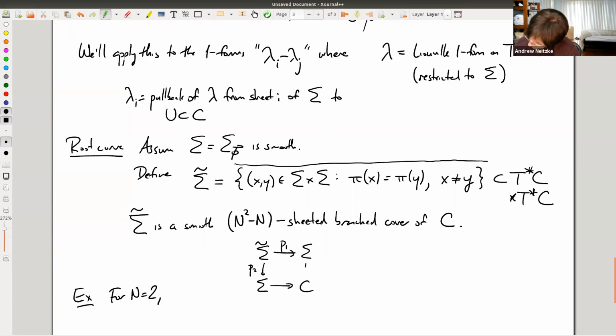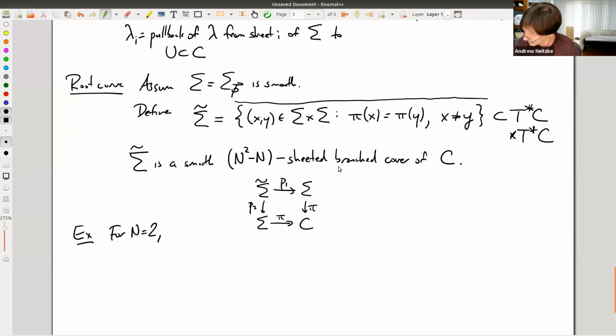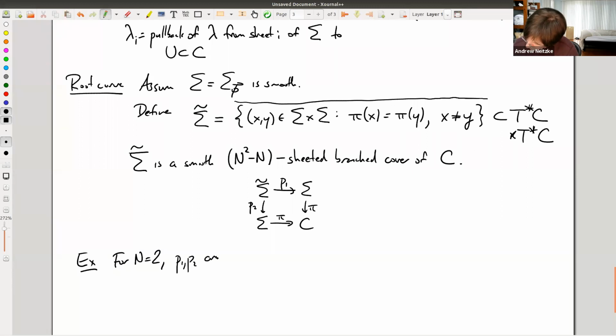And then, of course, those are both mapping down to C. In general, that's a kind of non-trivial diagram, but for n equals 2, P1 and P2 are both just isomorphisms, because one point determines the other. And we just take out the branch points.